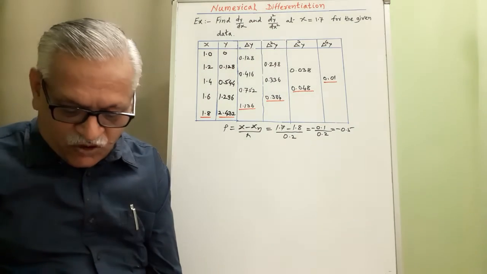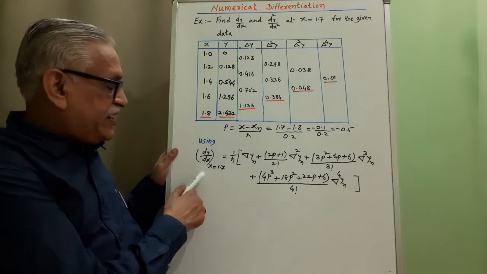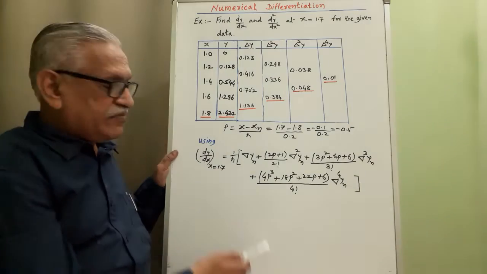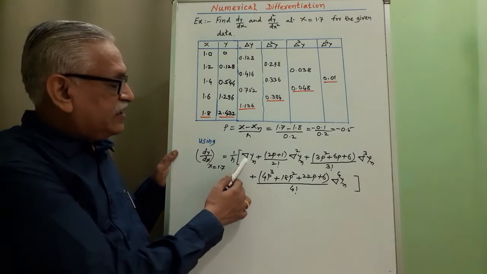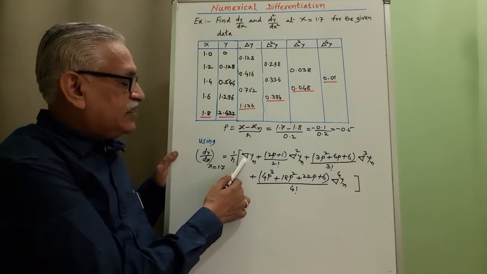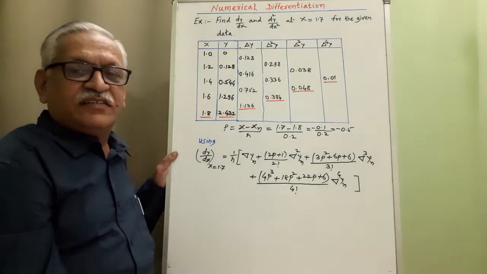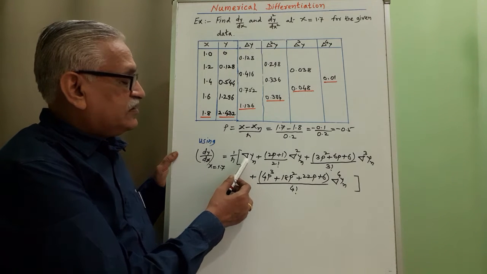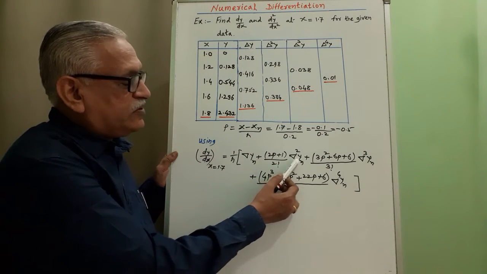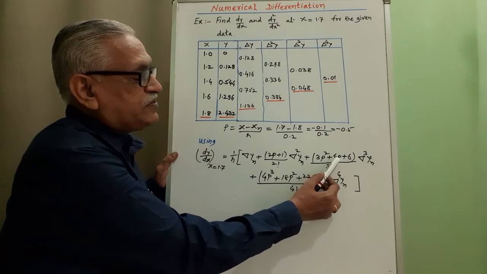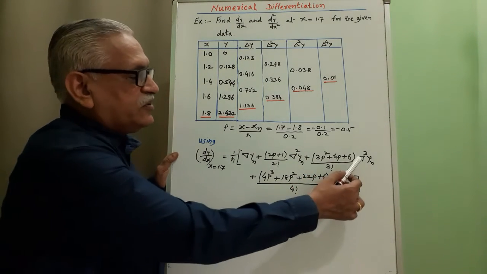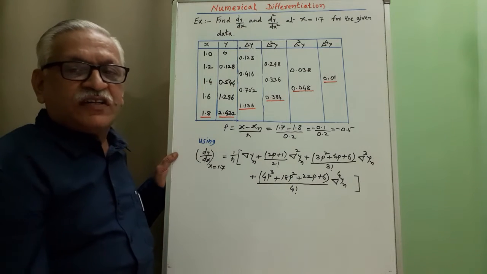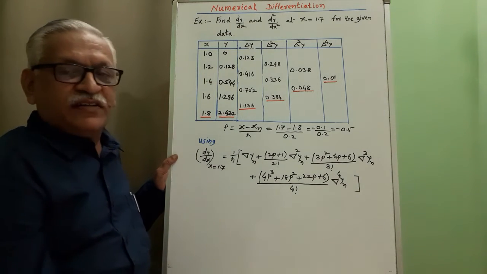Then applying the formula for dy by dx. The formula for dy by dx at x equal to 1.7 is 1 by h multiplied by the terms in the brackets: del yn, where del is the operator for backward difference, plus 2p plus 1 divided by 2 factorial into del square yn, plus 3p square plus 6p plus 6 divided by 3 factorial into del cube yn, next 4p cube plus 18p square plus 22p plus 6 by 4 factorial into del raised to 4 yn, and so on.